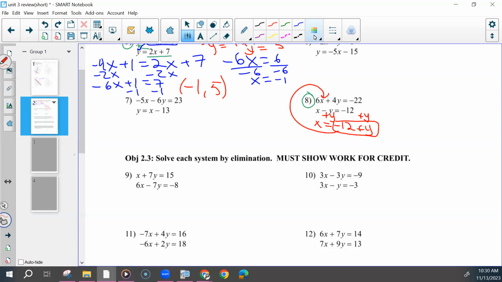So we're going to rewrite that first equation. It would be 6, and then instead of x, we're going to put -12 plus y in parentheses, plus 4y equals -22.